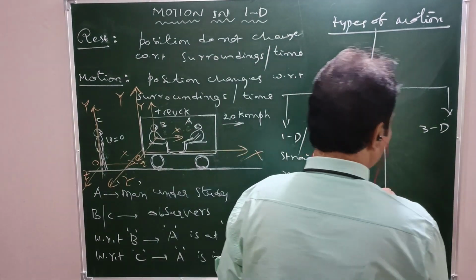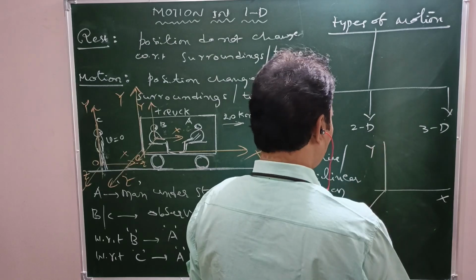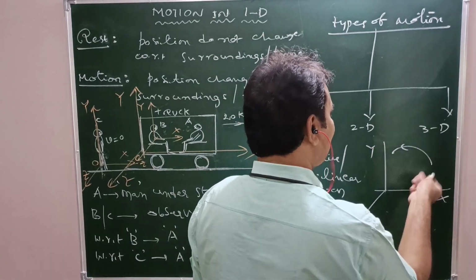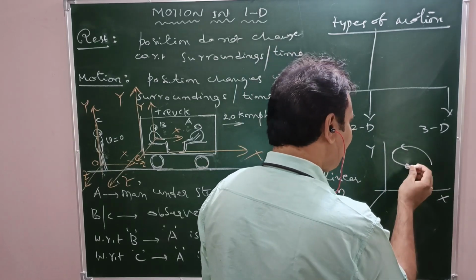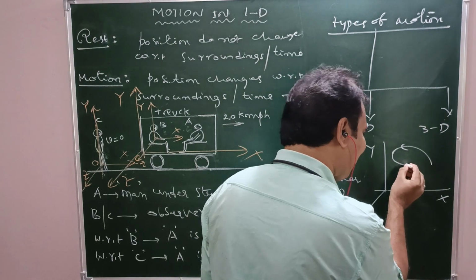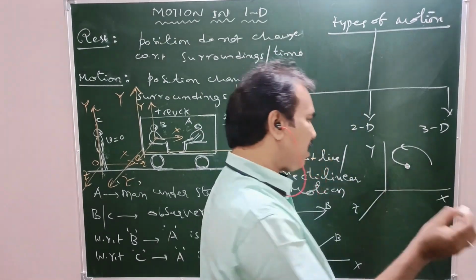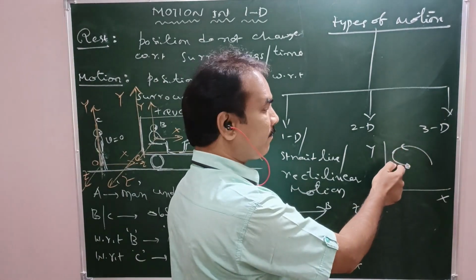See, these are the X, Y, Z axes. Now a particle moves along the XY plane initially and emerges normally from the XY plane. Here the dot means the particle is going to emerge normally from the XY plane. See, this is a curved path in the XY plane.